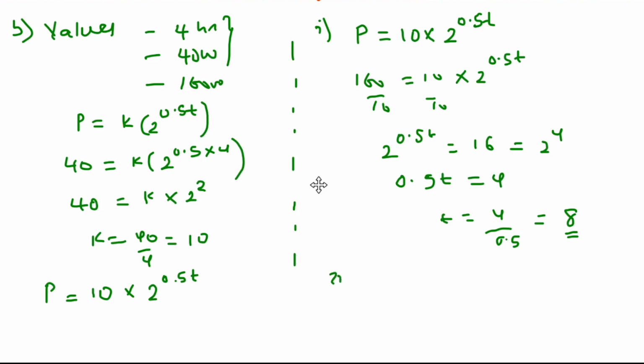Part 2. Part 2 is a question for the power consumed in 1 hour. So we're going to use the same expression, P equals 10 times 2 to power 0.5t. So let's substitute. It means our t was 1 hour.